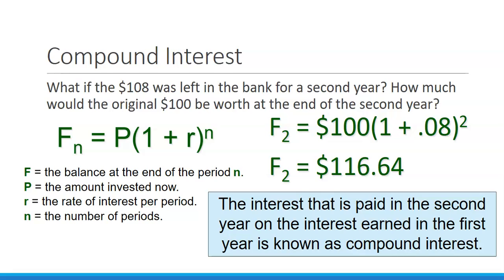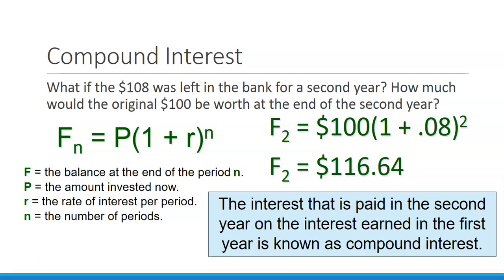What if the $108 is left in the bank for a second year? Then how much is it worth? Well, then the interest that is paid in the second year on the interest earned in the first year is known as compound interest. Because we had $108, we earn a higher rate of interest in the second year.